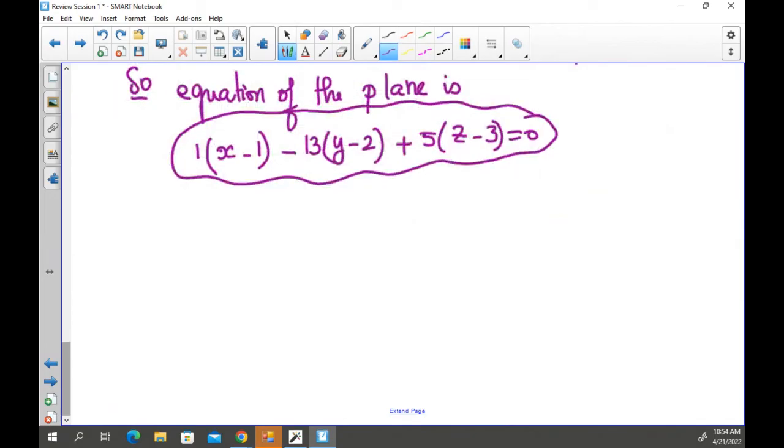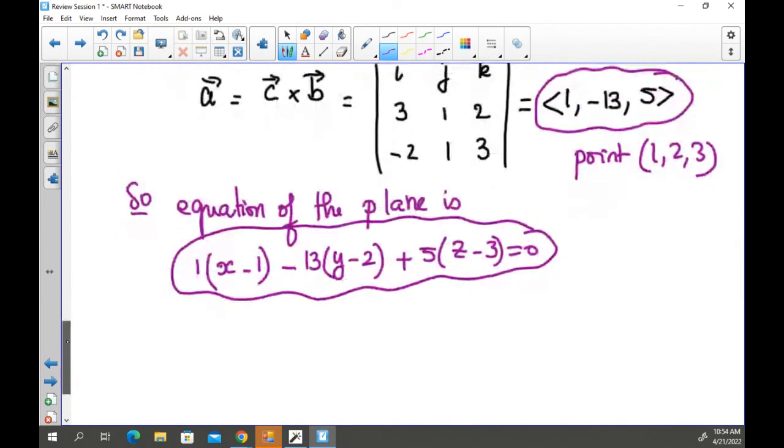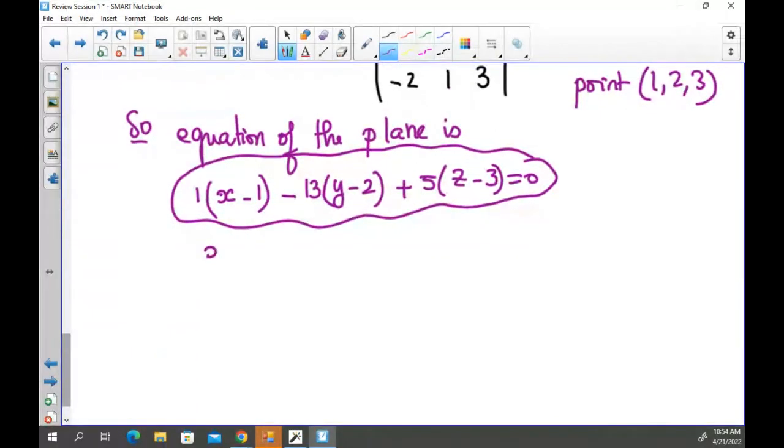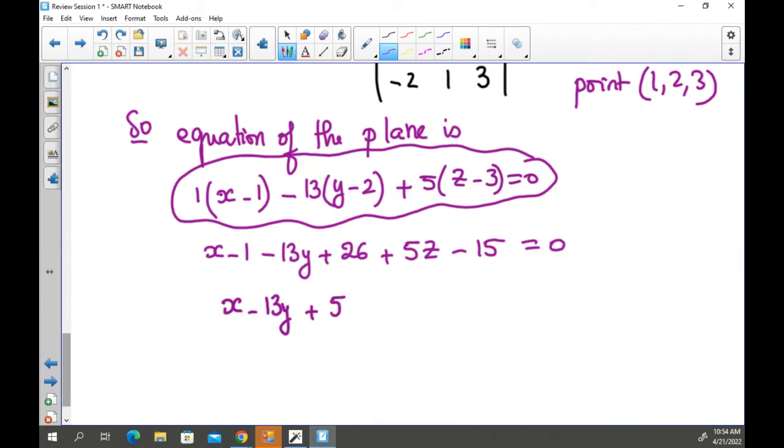But in general, you need to simplify this to make it into a simple equation. So minus 13y plus 26 plus 5z minus 15 equal to 0. So it's going to be x minus 13y plus 5z, and then maybe the numbers we can take to the other side.